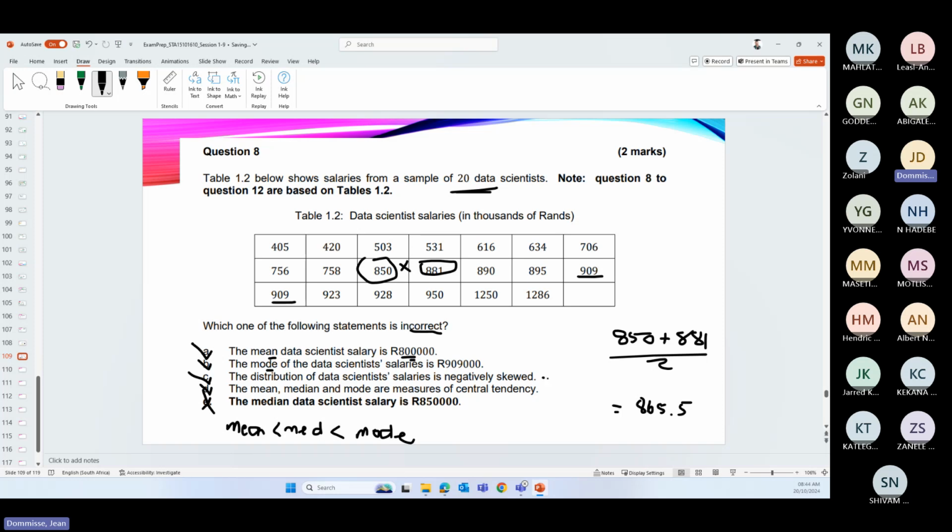Again, a bit of theory in here, but that is also how we can tell. So again, we did not need to go to Excel.